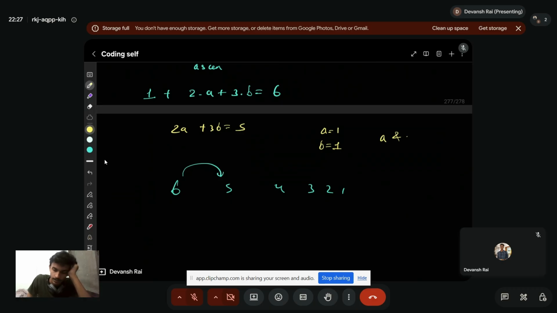A and B can be negative 2, right? So if we just simply say that the initial position of 6 is 1.